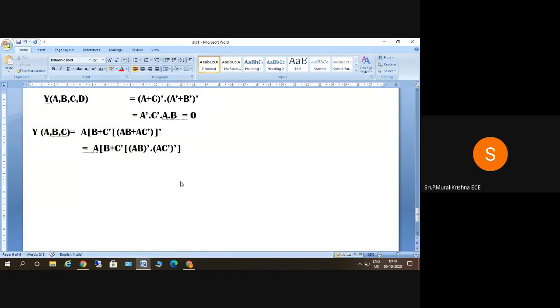Okay, so that is equal to (A bar plus B bar), because AB whole bar is equal to A bar plus B bar, into (A bar plus C).